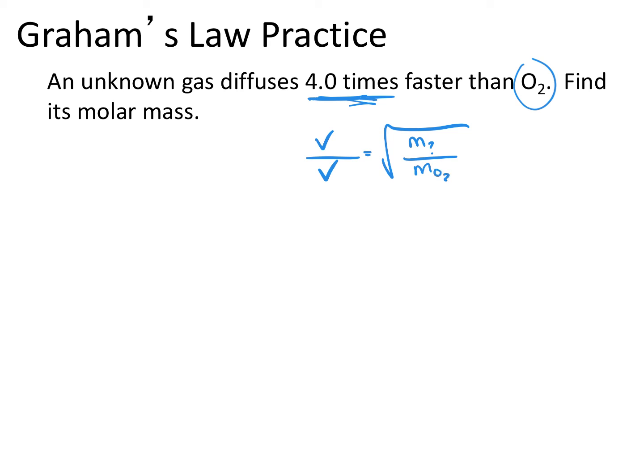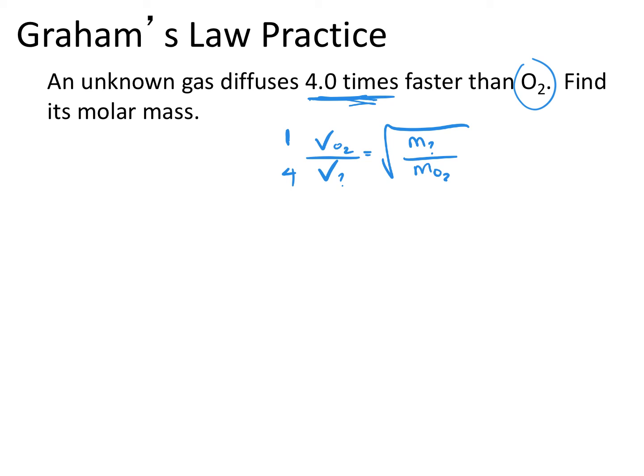So we're going to have O2 here, O2 here, and our unknown gas there. Now you may be wondering, what information do I know here? Well, I know that the rate of diffusion of the unknown is 4 times the rate of diffusion of my O2. It doesn't really matter what the values are.